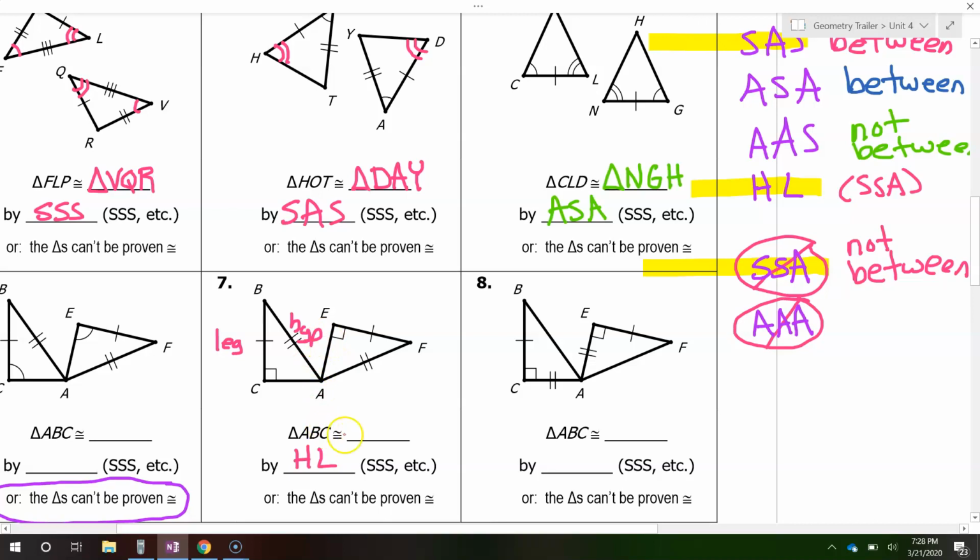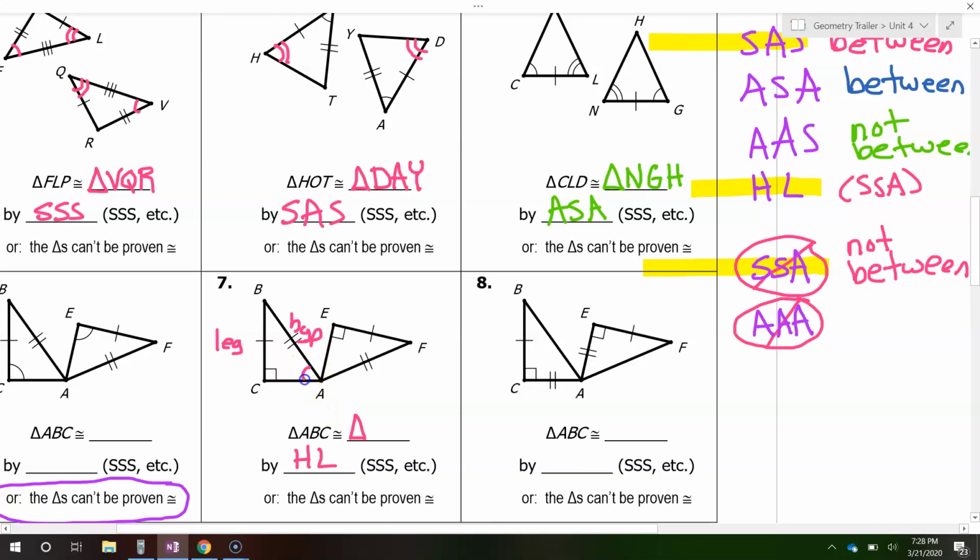Okay, so now we can do the congruent statement. Be careful. Angle A may or may not match angle A. So let's think about it.